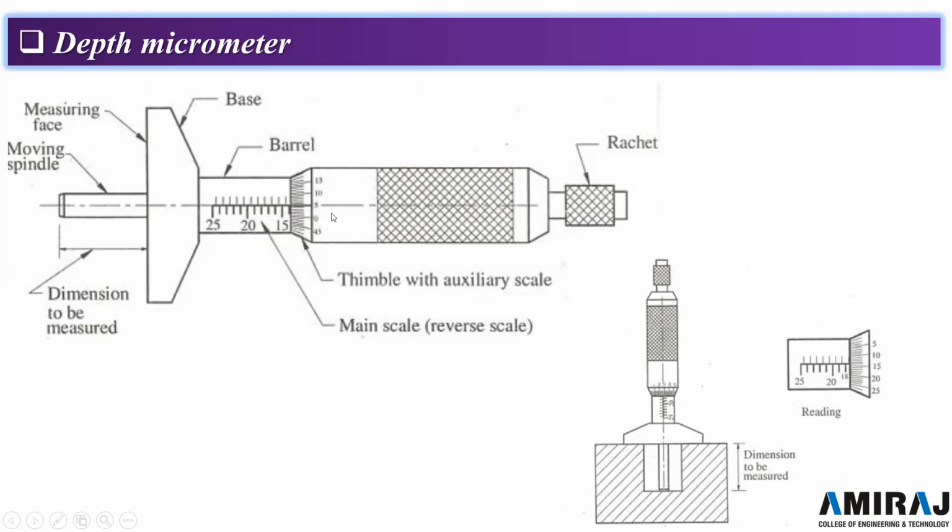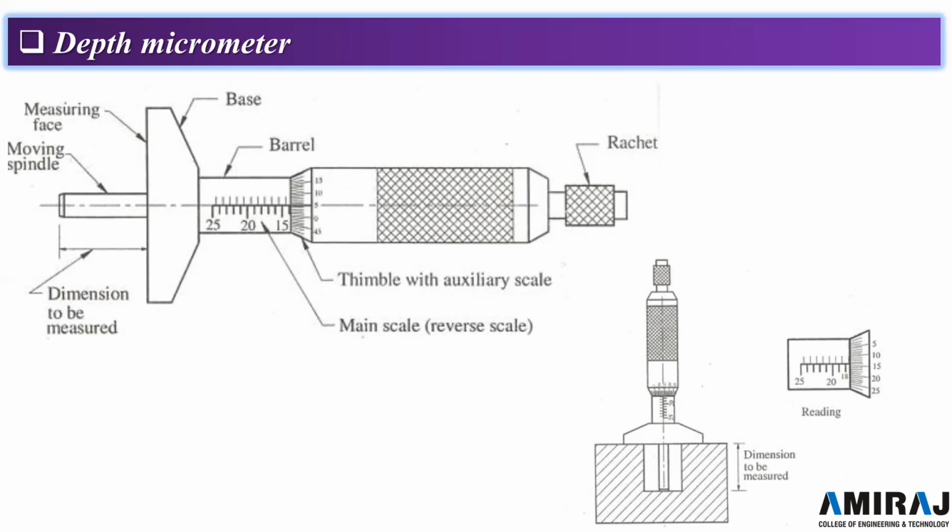Here there is 5, so it will be 0.05, and here it is 16, so it will be 16 plus 0.05, so it will be 16.05.